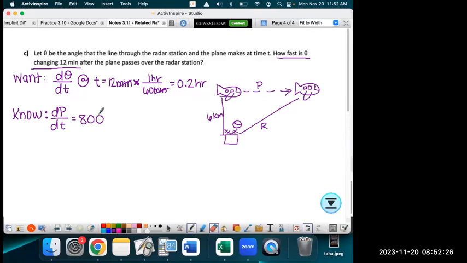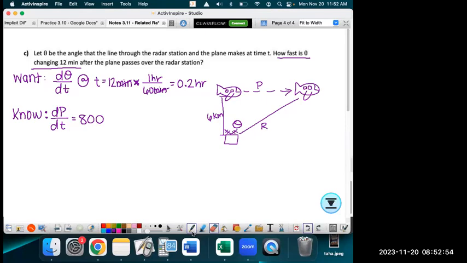The only rate that's staying consistent all the time is the plane's speed. So that dp dt is always going to be 800 kilometers per hour. And we know that the height is always 6. So I don't even need to write that down. That's in my visual. There's nothing else that is staying consistent. So that's really the only thing that we can write down is what we know.